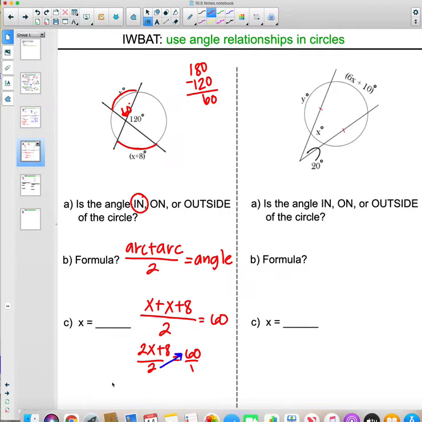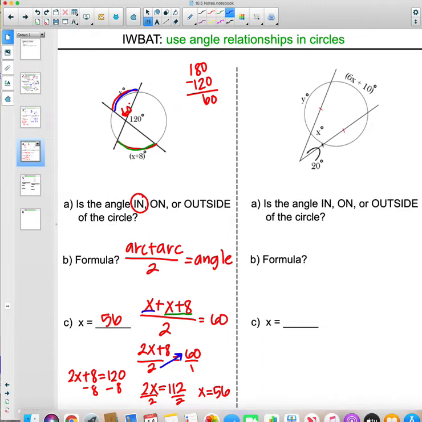So then you're going to end up with 2x plus 8 equals 120. Subtract 8 from both sides. Sorry, I'm running out of room here. So you get 2x equals 112. Divide by 2. And we get x equals 56. So this arc was x plus this arc, x plus 8, divided by 2 equaled the angle. Make sure you have the correct angle that goes with those arcs.